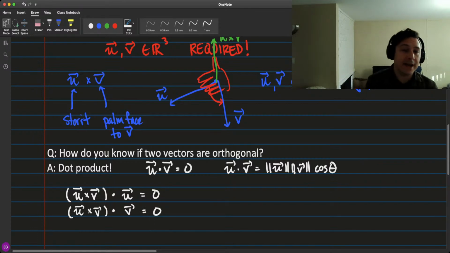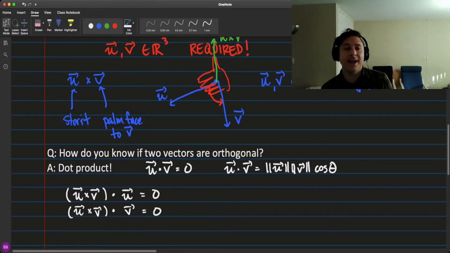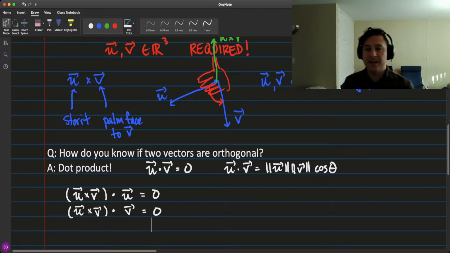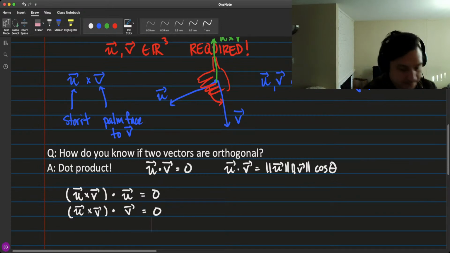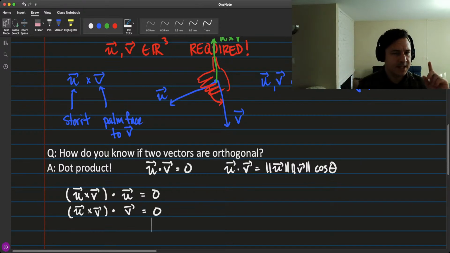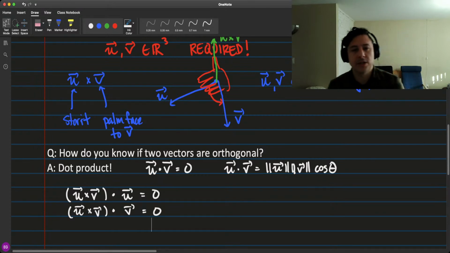I don't know how to calculate the cross product yet, but given that I want it to be orthogonal to U and V, if I dot my cross product with U and V, I should get 0. Does that make sense? I'm going to pause and wait for questions.